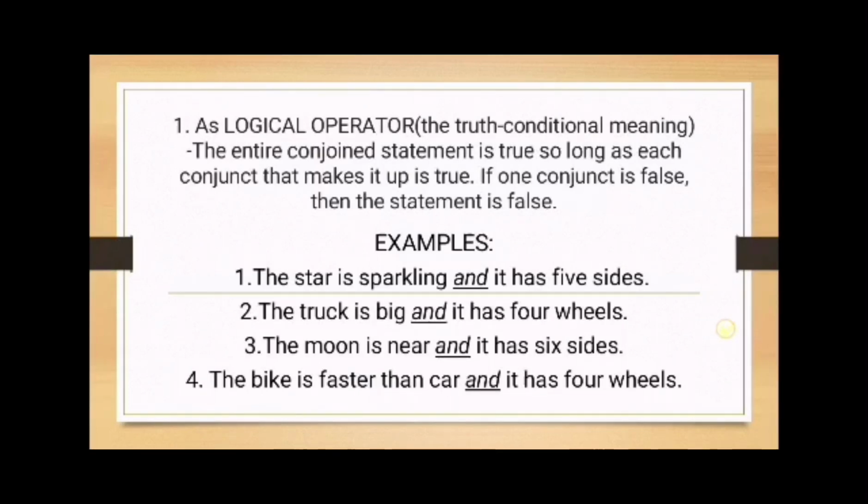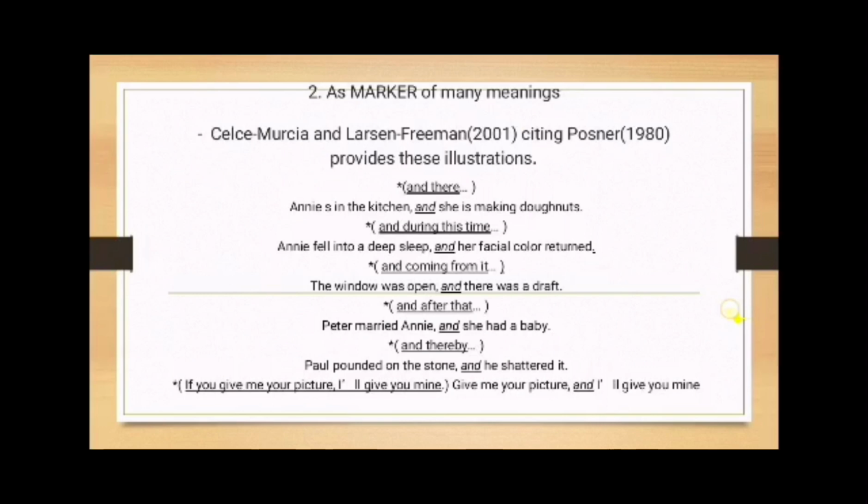Number 3, the moon is near and it has 6 sides. This one is a false statement, with the use also of and as a logical operator. Number 4 is also a false statement: the bike is faster than the car and it has 4 wheels. Next, number 2, and as a marker of many meanings.